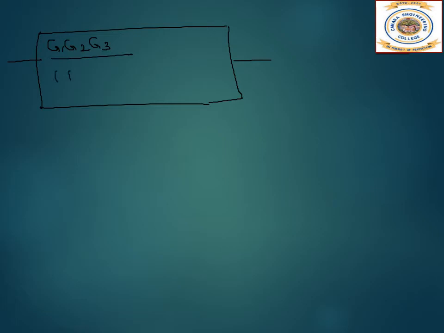So adding it up, what do we get here? We get G1 G2 G3 divided by 1 plus G2 H1, plus G5.